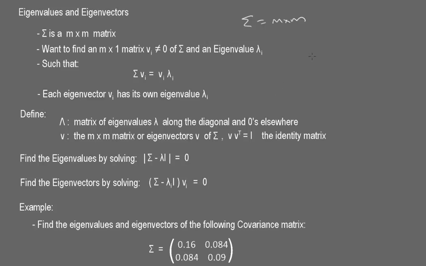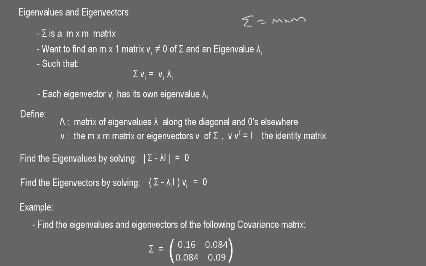We want to find another matrix, an m by 1 matrix, which we'll label vi, which is the eigenvector i of matrix sigma, which is non-zero, and an eigenvalue lambda i, which is the ith eigenvalue of sigma. We need sigma times vi to be equal to vi times lambda i. Each vi has its own eigenvalue, lambda i.